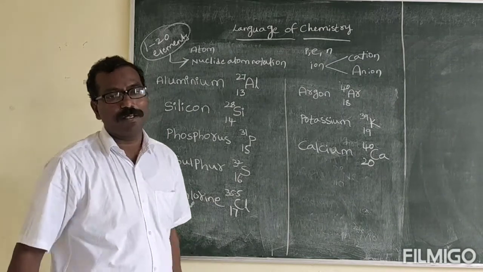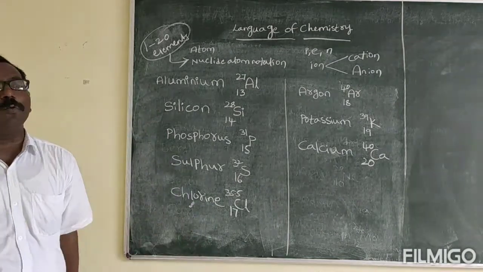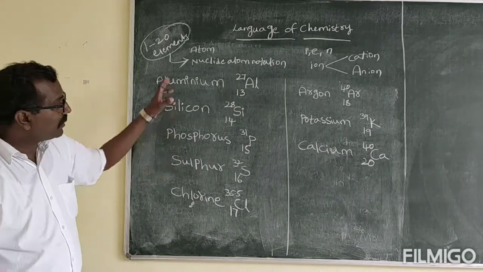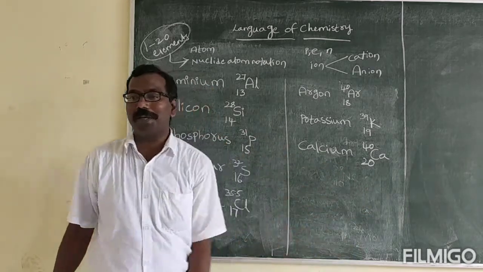Hydrogen H 1 1, helium He 4 2, lithium Li 7 3. Okay, like this up to 20 you have to complete.